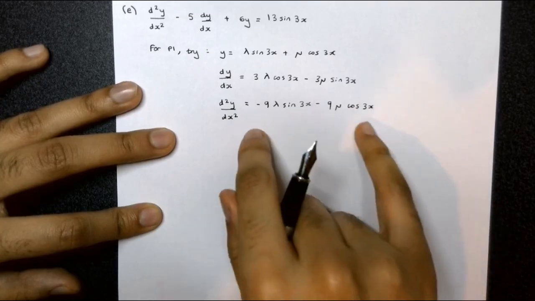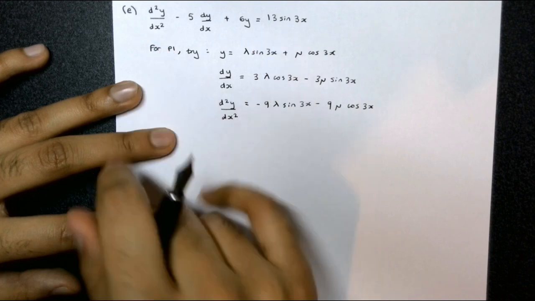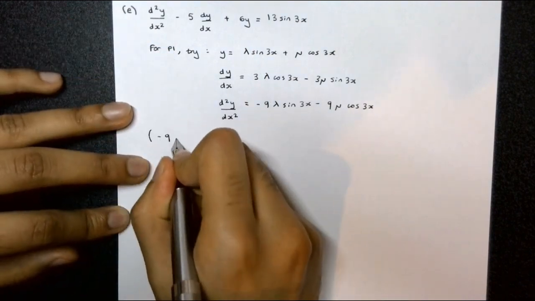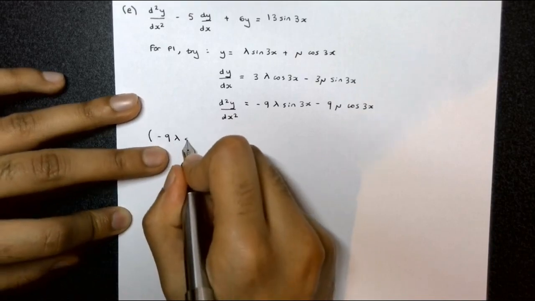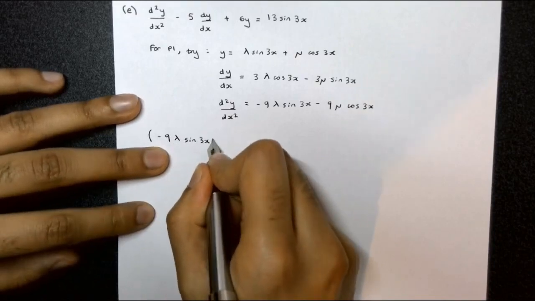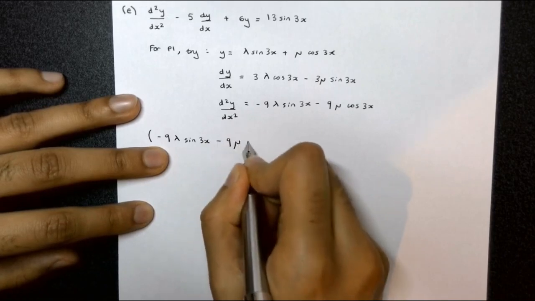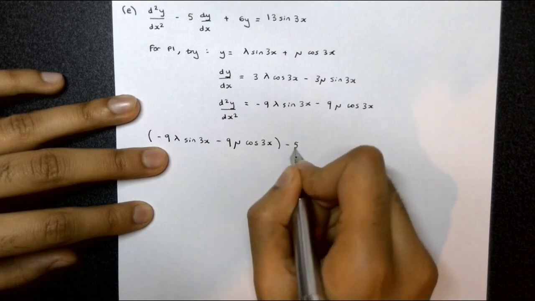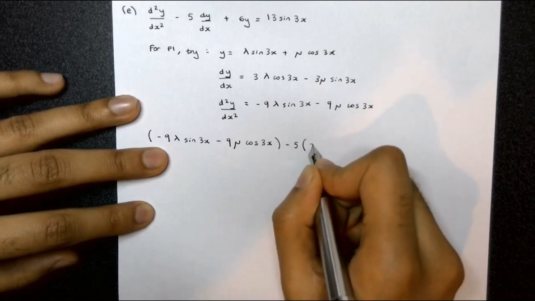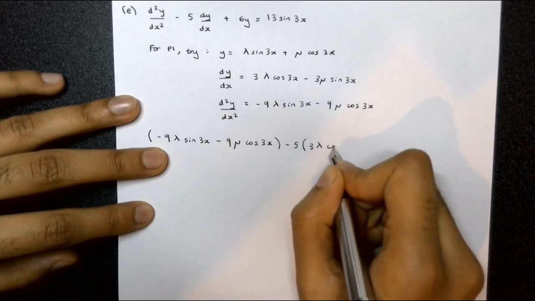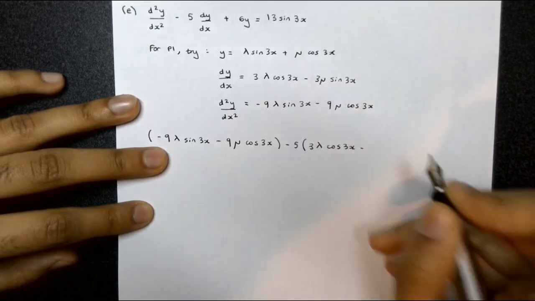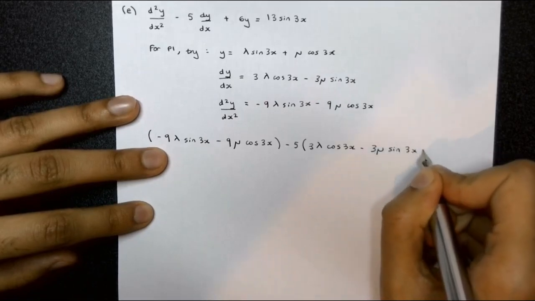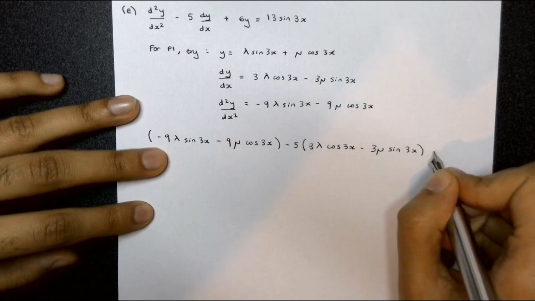We will now substitute these results into what we have over here on the left hand side. So we've got minus lambda times by the sine of 3x minus 9 mu times by the cosine of 3x minus 5 lots of 3 lambda times by the cosine of 3x minus 3 mu times by the sine of 3x plus 6y.